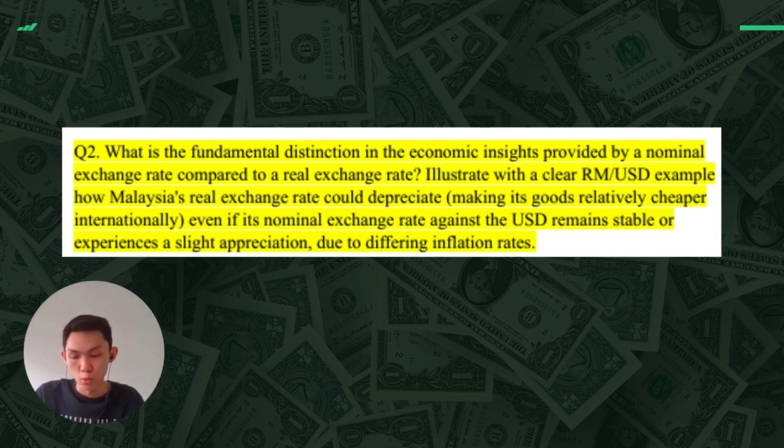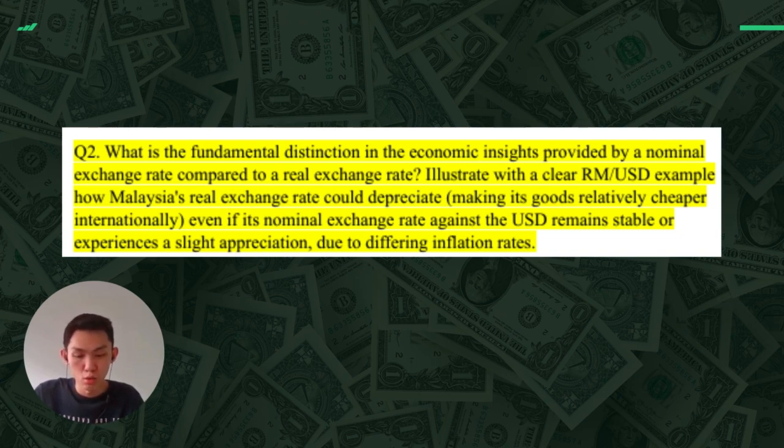It will happen when the nominal exchange rate is unchanged or stable at 4.5. It causes real depreciation, making Malaysian goods relatively cheaper, even though the inflation rate in Malaysia is lower than the foreign inflation rate.